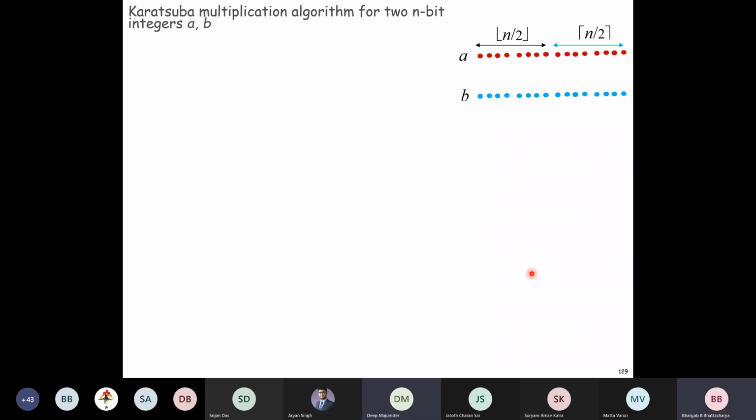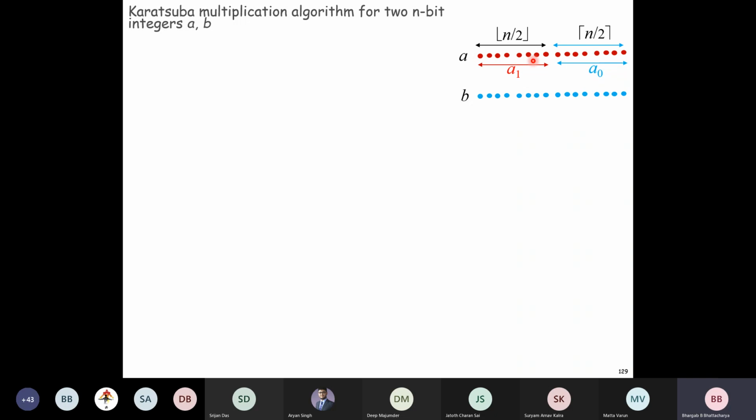No, sir. Okay. So this is a nice example of divide and conquer, and a very fundamental advancement in the area of multiplication algorithms. A very amazing result. So you partition these bits into two parts, maybe n by 2 ceiling and n by 2 floor. And similarly, you partition B into two parts.